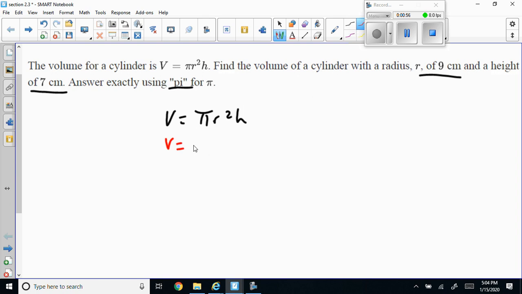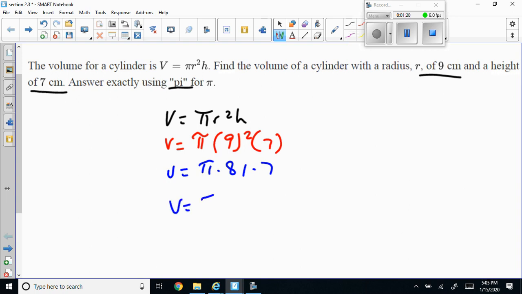So volume equals pi times 9 squared, and then times 7. So doing this would be 81 times 7, which is 567 or something like that. Yeah. Okay, so volume equals 567 pi.